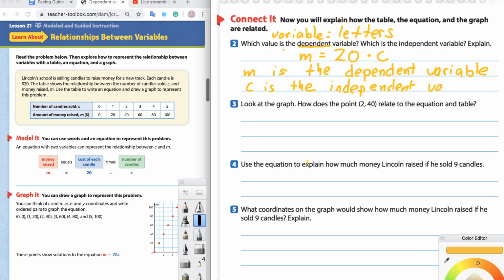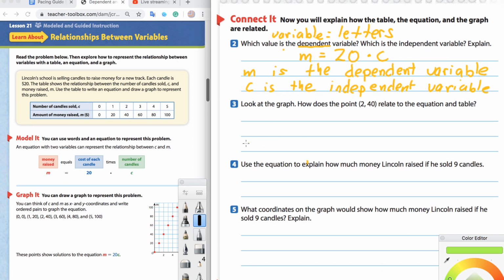I don't have enough space to explain, but M depends on these two values. C is independent because C can change any time from 1 candle to 3 candles to 5 candles to however many candles they sell.